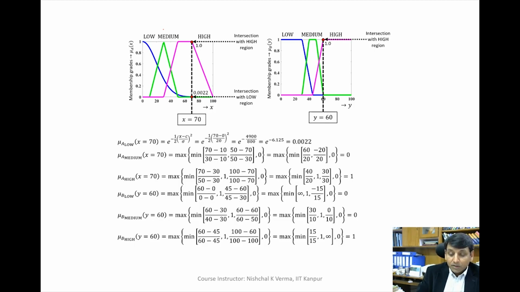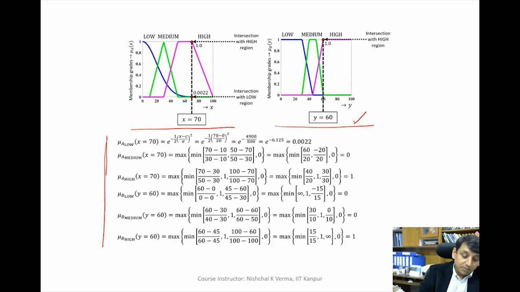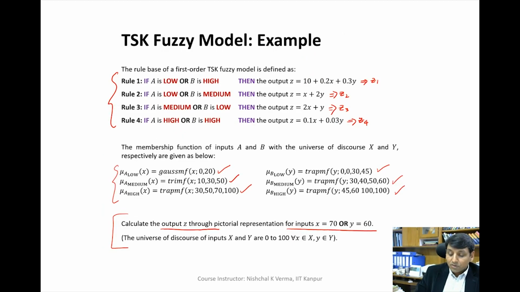Now both the inputs, the first input generic variable x and the second input generic variable y, are now plotted, and we have the membership functions here. Our task is to find the intersection points. Our input that is given is x is equal to 70 or y is equal to 60.